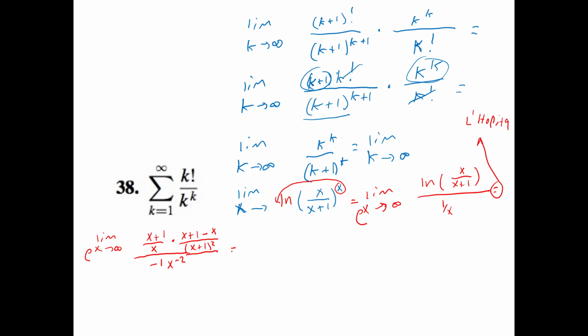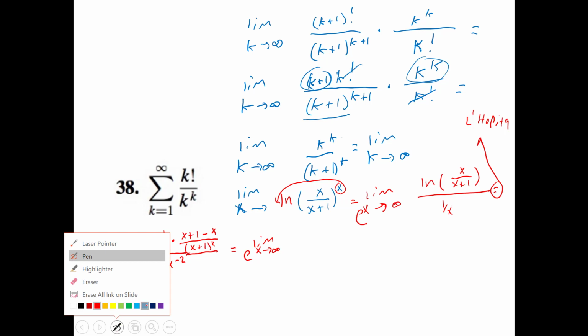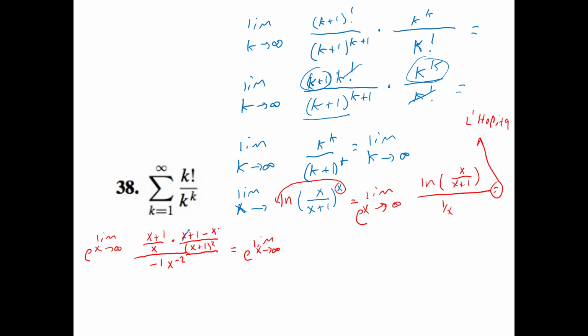And so then this becomes e to the limit as x goes off to infinity of, now the x's will go away over here, and one of the x plus 1's will go away.